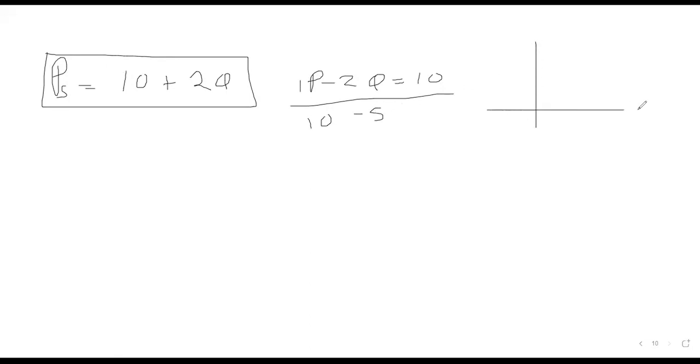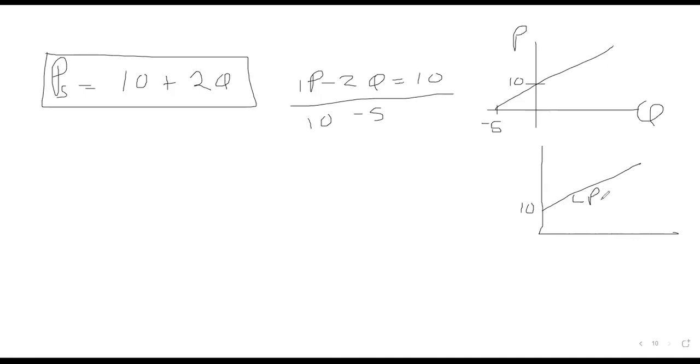So the X-Y plane will present our results. We're going to have negative 5, and here you cut at 10. Although we have no negative quantity, preferably this would start at 10 and go upwards. So this is our supply, which is P equals 10 plus 2Q.